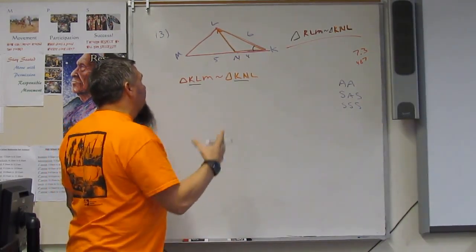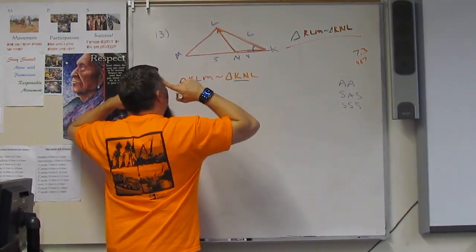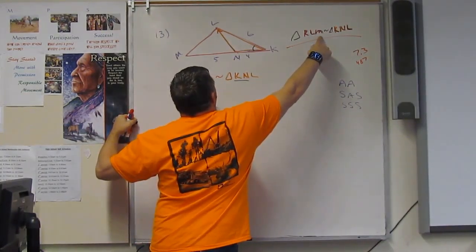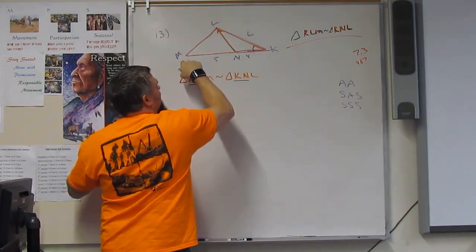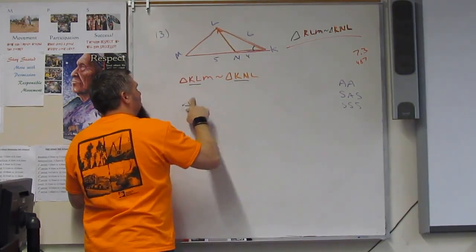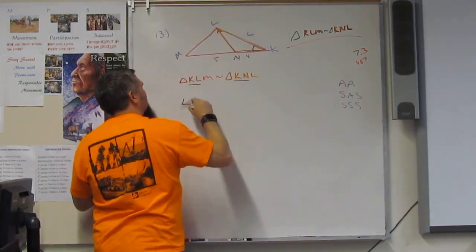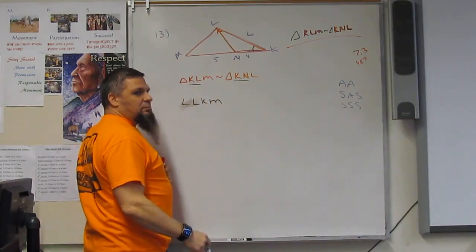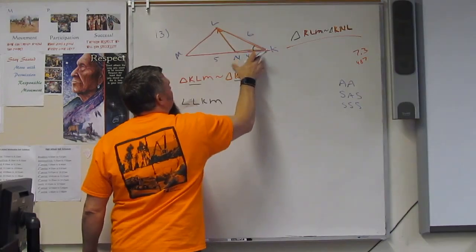So the angle K. How am I looking at this? I have to look at it as KLM. So could I say angle MKL or LKM? Whichever way I go, I have to look at the direction that this is going.